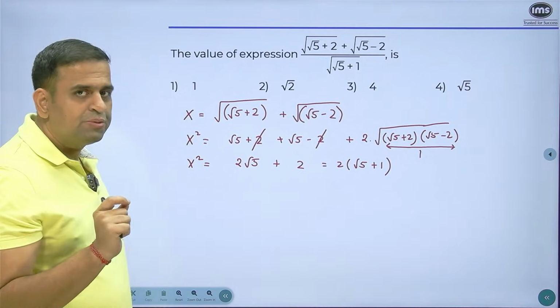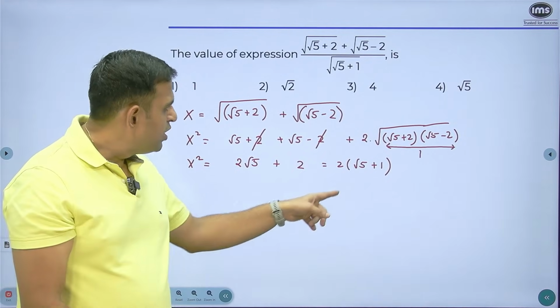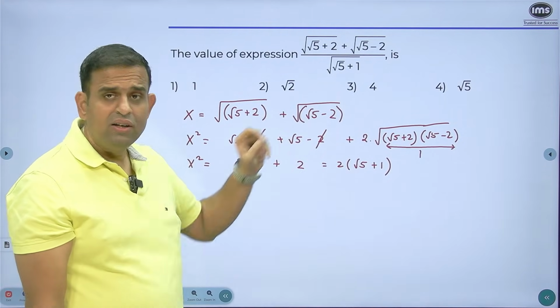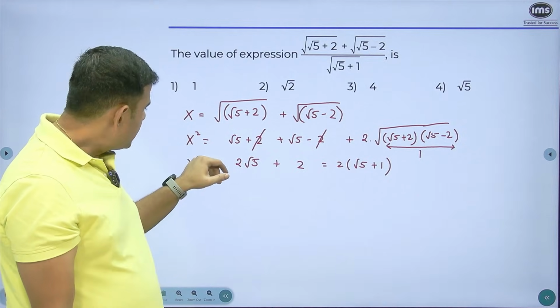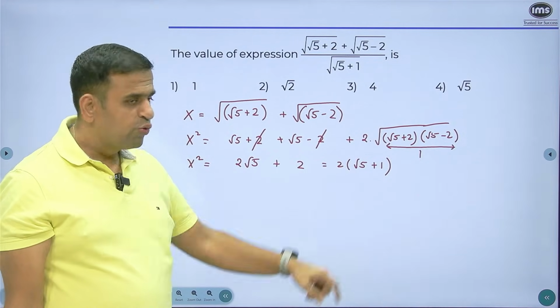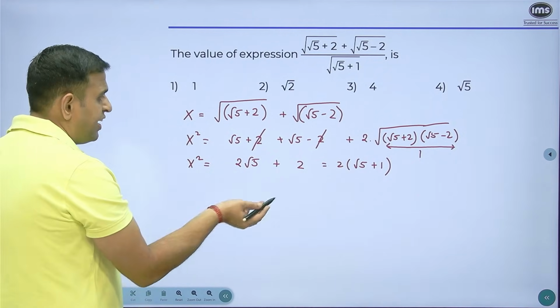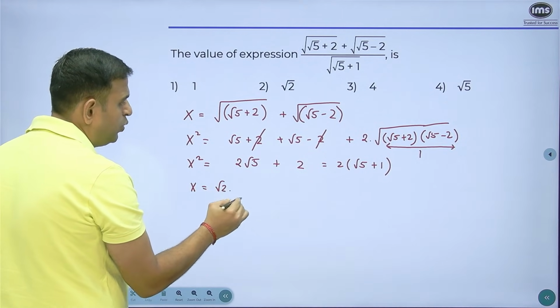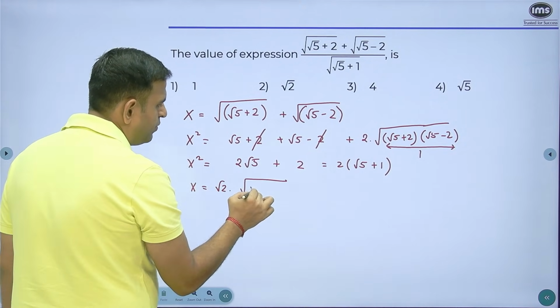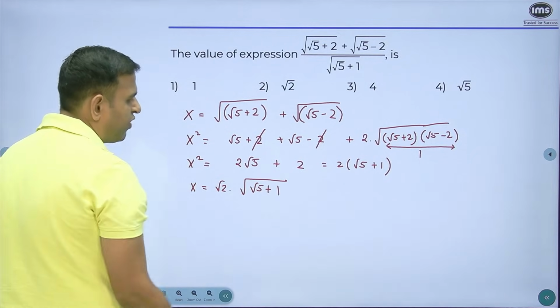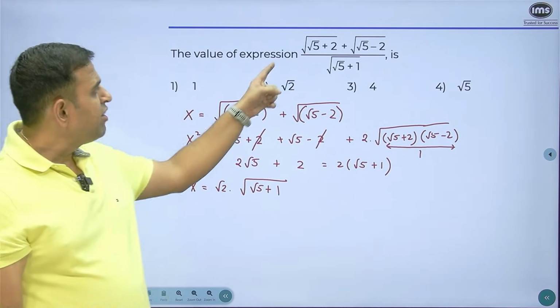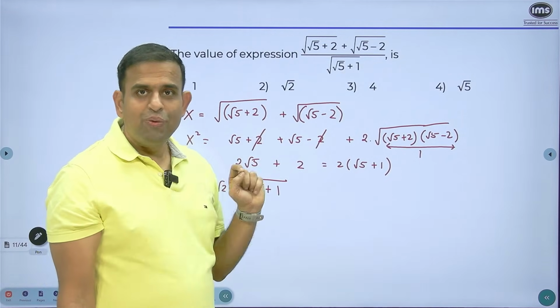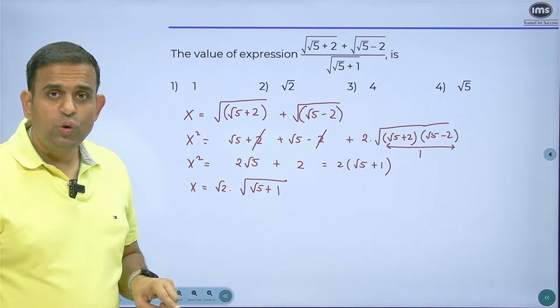And now notice that we have got the term root 5 plus 1, which is present in the denominator. So if x square is 2 times root 5 plus 1, then if I take the square root, x would be equal to root 2 into root of root 5 plus 1.